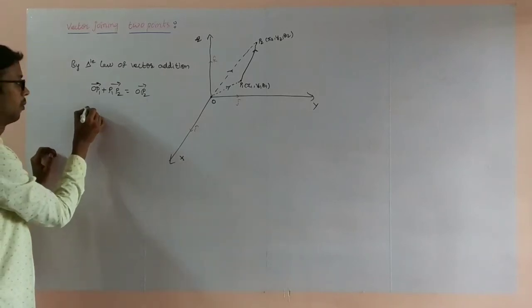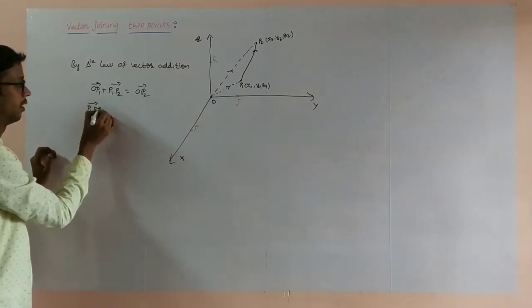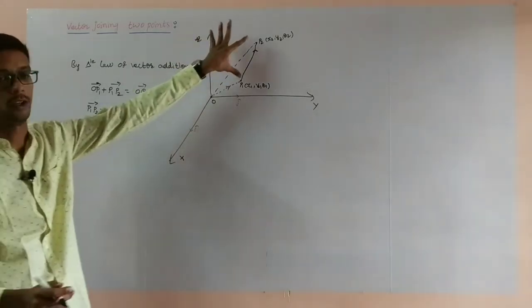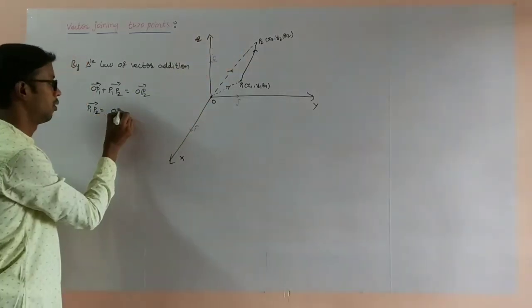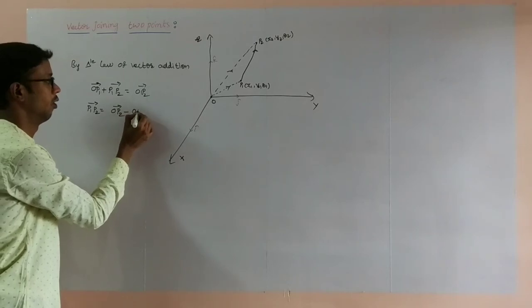So P1P2 bar is equal to OP2 bar minus OP1 bar.